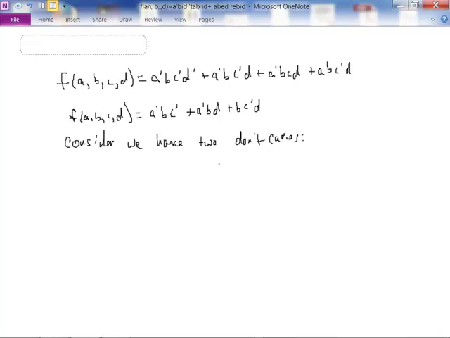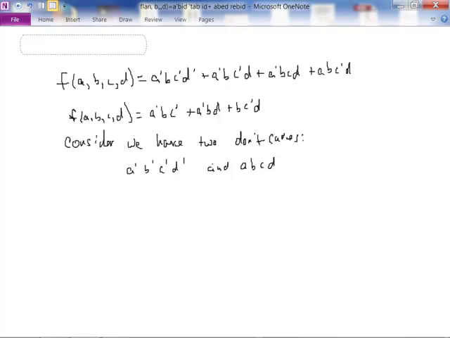And our 2 don't cares are going to be a naught, b naught, c naught, d naught, and a, b, c, d. Okay, so if we treat both of these conditions as 0 output, the function remains exactly the same as it does in our original specification.